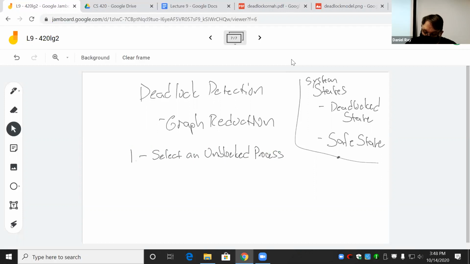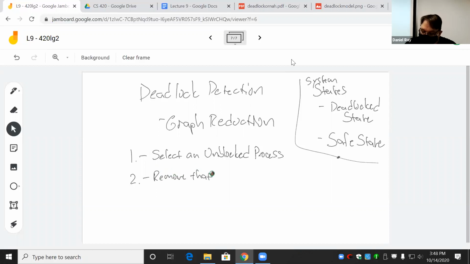Any unblocked process will do. I'll tell you why in just a second. You've got a graph in front of you. So you select an unblocked process and you remove that process.